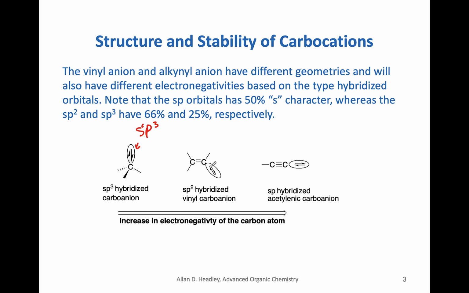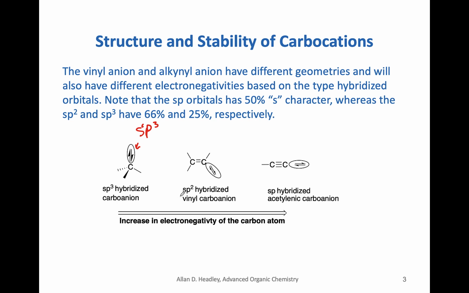But it's possible to have the vinyl carbanion. So here we have a carbon, and it only has 1, 2 bonds to other atoms, and the unpaired electrons will be in an orbital.